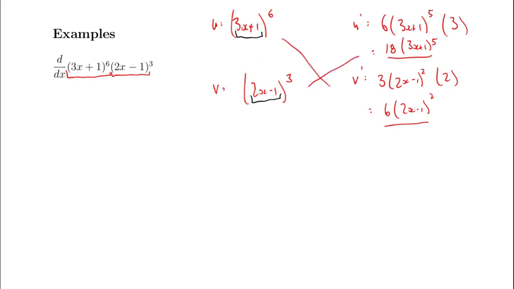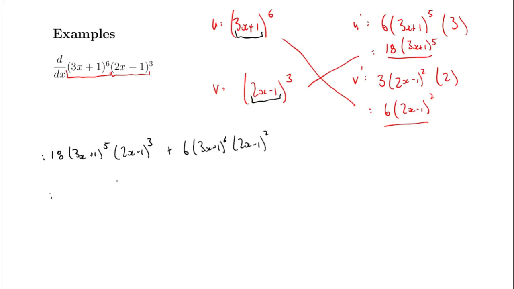Now what we can do is multiply these things together, and what we get is 18 times 3x plus 1 to the 5th times 2x minus 1 cubed plus 6 times 3x plus 1 to the 6th times 2x minus 1 squared.